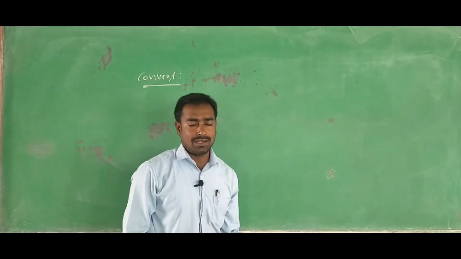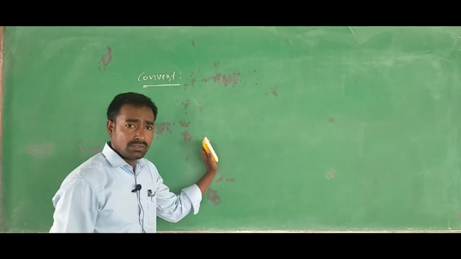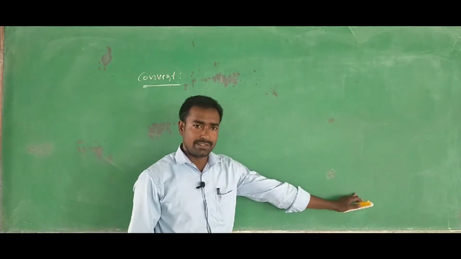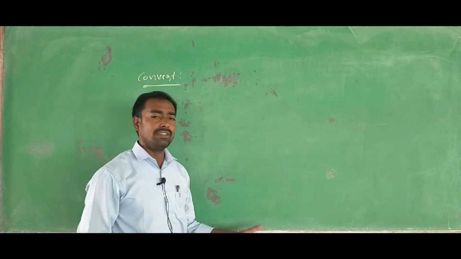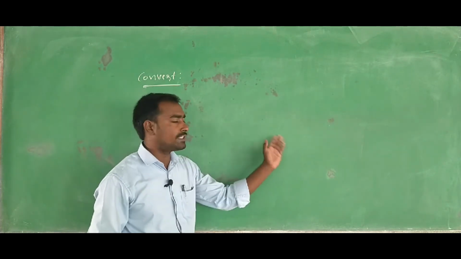Take another problem. The binary values are converted into hexadecimal. The hexadecimal number system has a base or radix of 16.